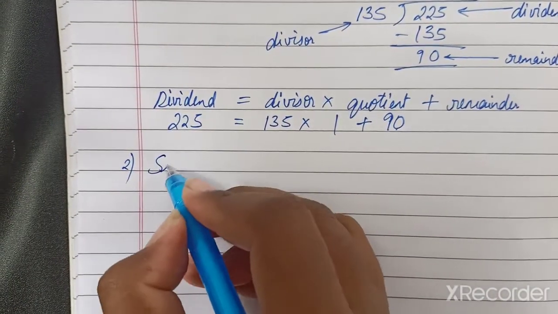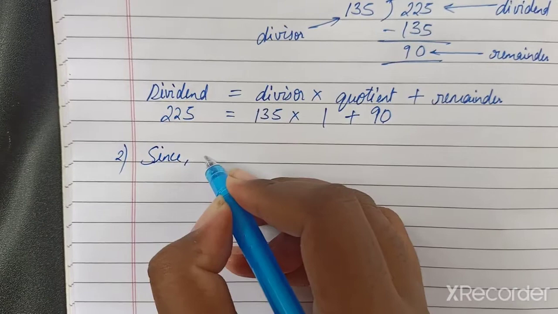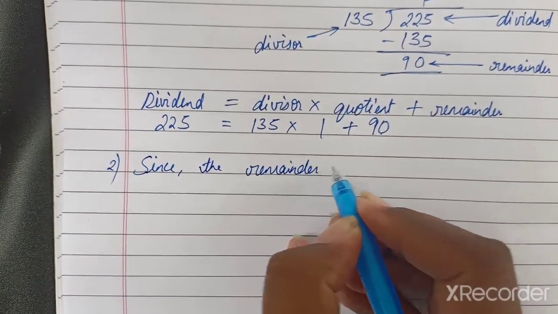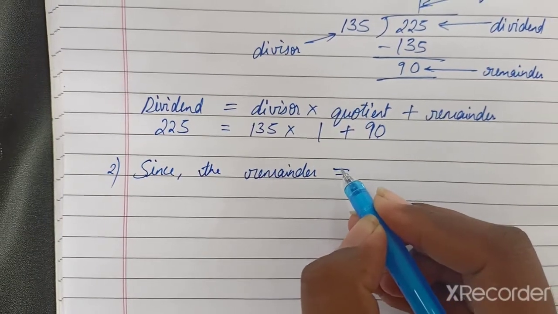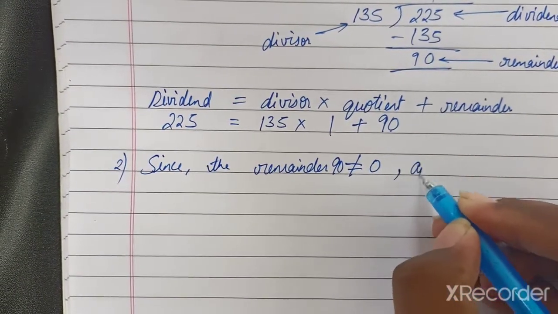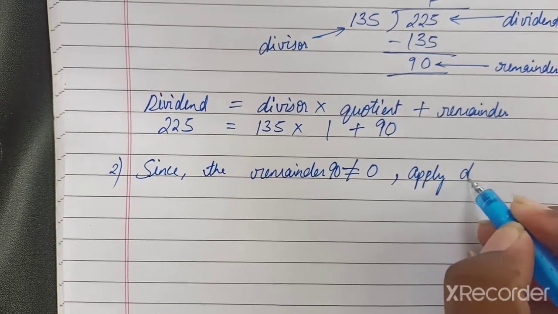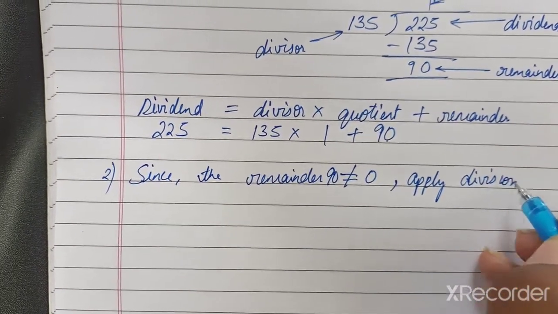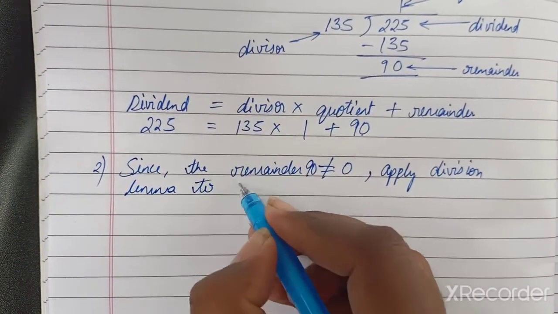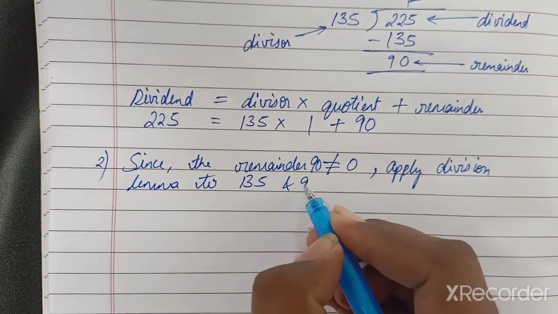So since the remainder 90 is not equal to 0, apply division lemma to 135 and 90.